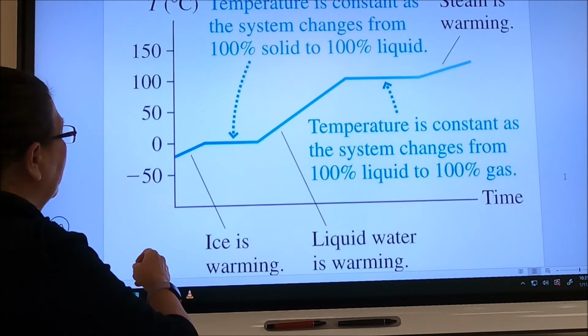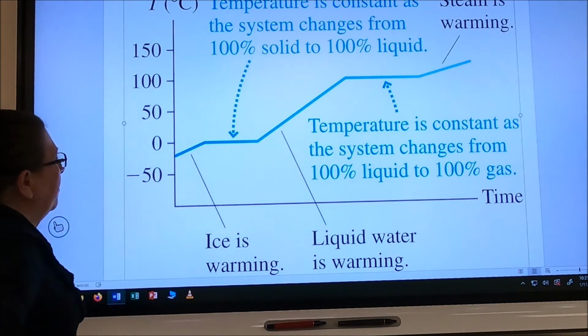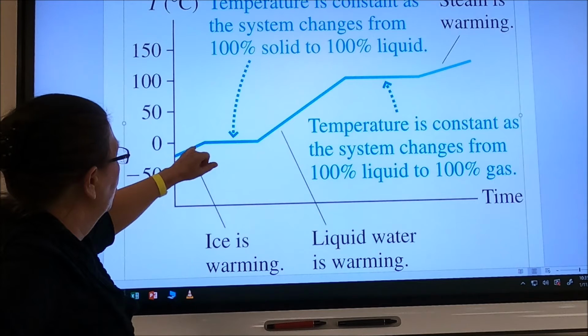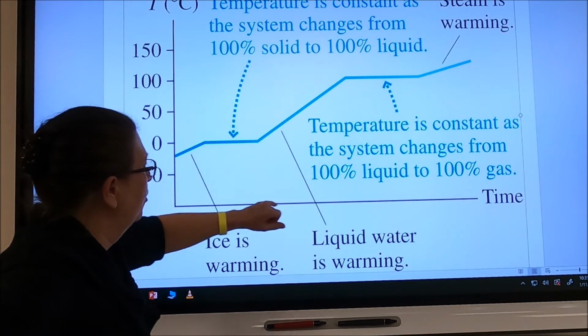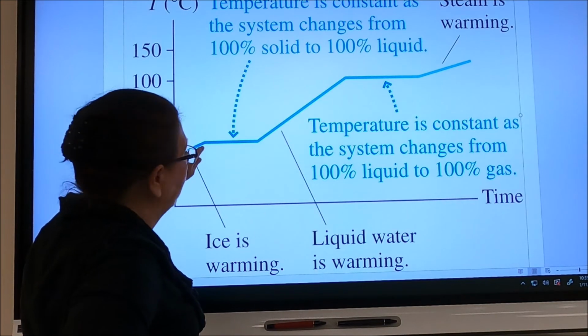Right there. Now, we're starting down here at like minus 25 degrees C. And notice that as we warm the temperature, as we add in energy with time, the ice warms up, but it stays ice.